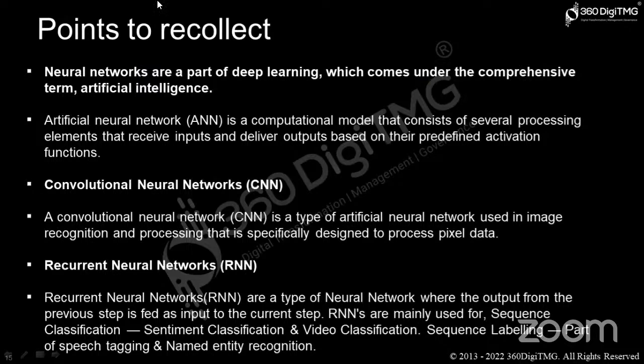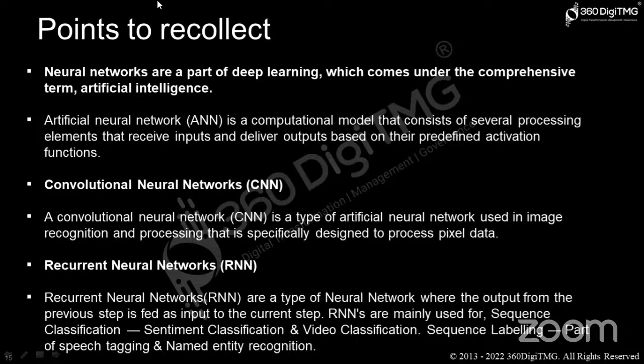We saw a few more points yesterday. Neural networks are a part of deep learning, which comes under the comprehensive term artificial intelligence. An artificial neural network is a computational model that consists of several processing elements that receive inputs and deliver outputs based on predefined activation functions.